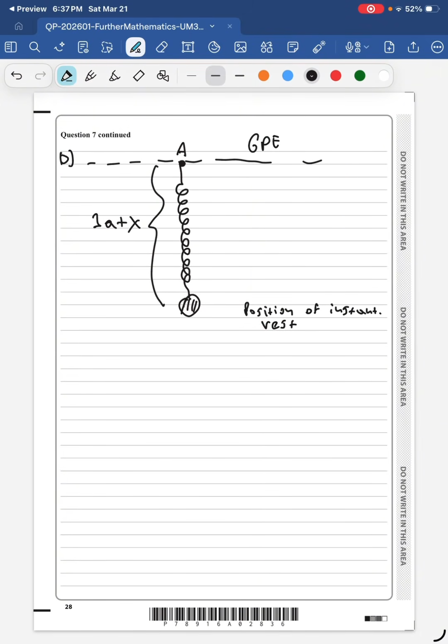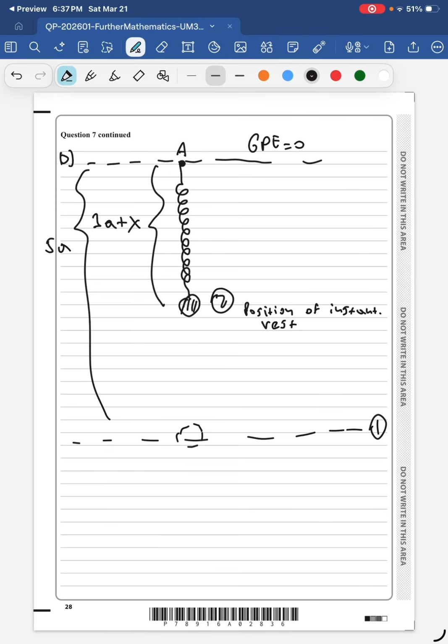The GP is 0 up there like before, and we release it from the position of 5a. Okay, so let's call this position 1 and position 2. Again, the energy at 1 is equal to the energy at position 2, the total energy, right? What's the total energy at position 1?